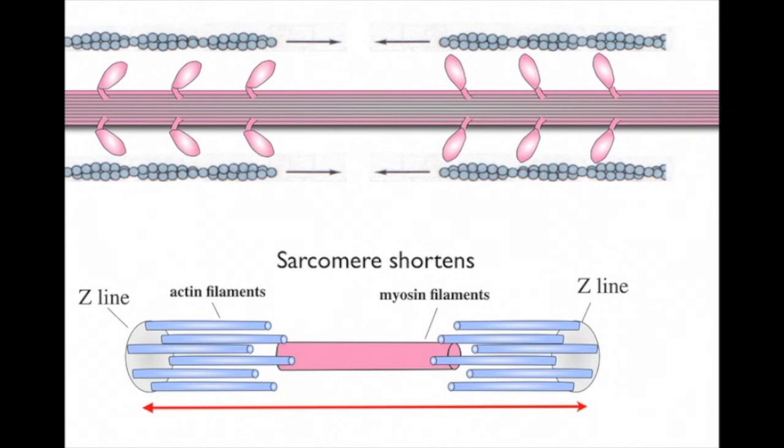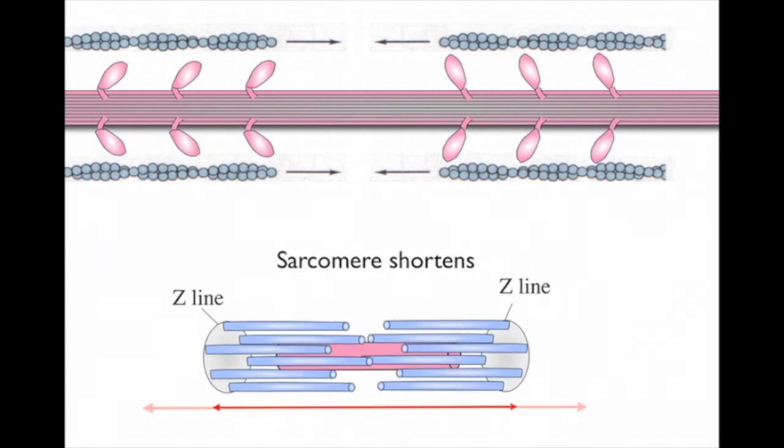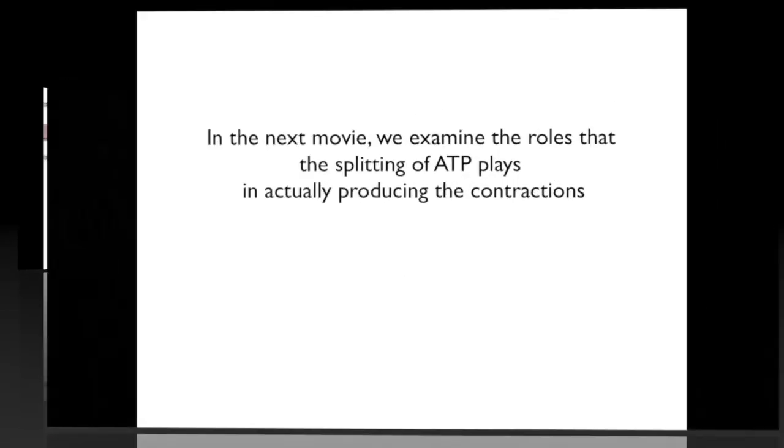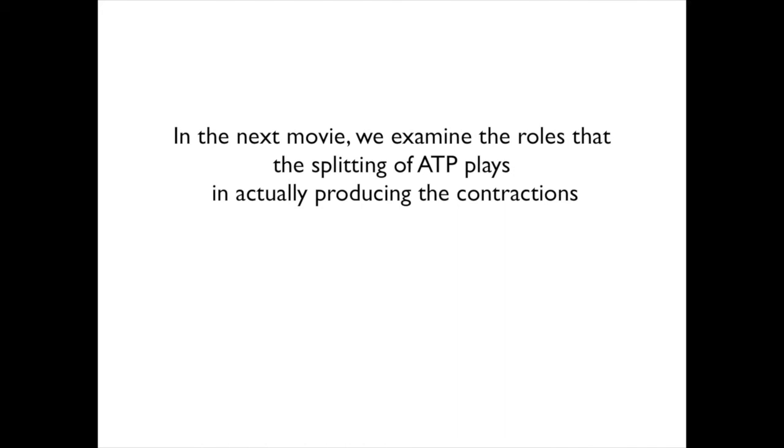The lower figure also shows how the Z lines are drawn towards the center of the sarcomere, thereby causing the sarcomere to shorten or contract. That is the essence of muscular contraction. In the next movie, we examine the roles that the splitting of ATP plays in actually producing the contractions.